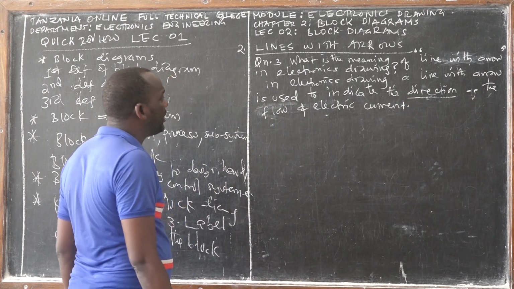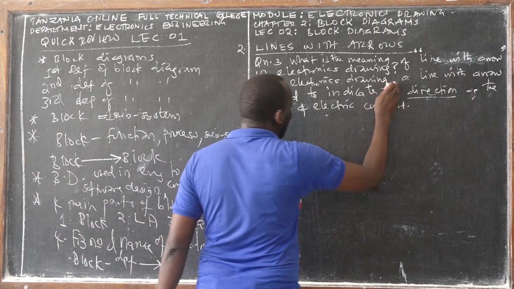So in electronics drawing, a line with arrow, remember that we have a comma here.